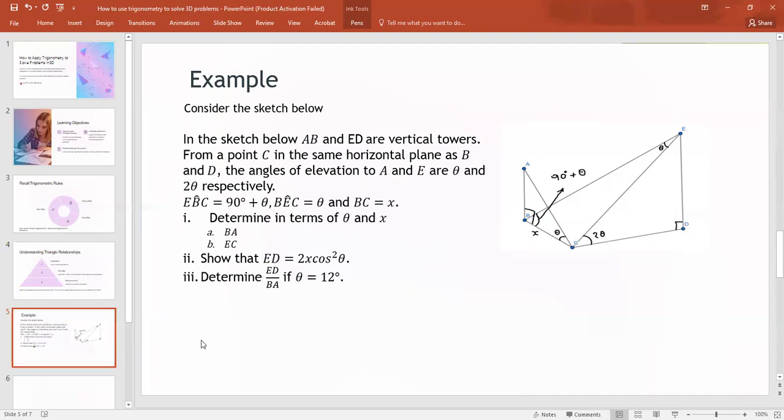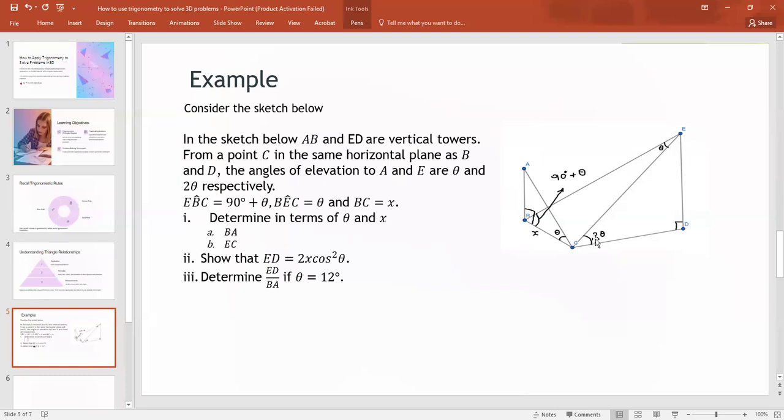So here we have our sketch. In this sketch, we have AB and ED, which are vertical towers. From a point C, we have B and D on the same horizontal plane. We have the angle of elevation to A, which is theta, and the angle of elevation to E, which is 2 theta.